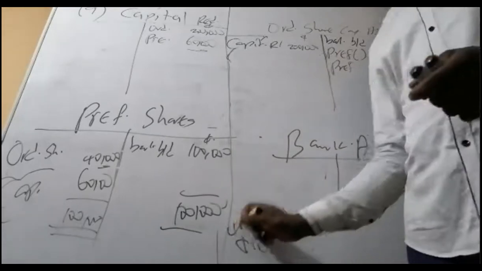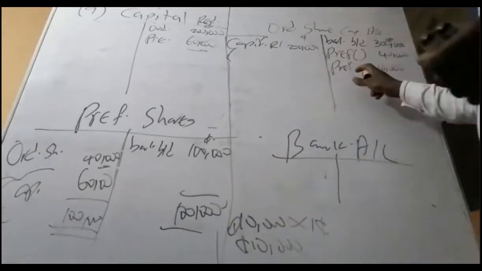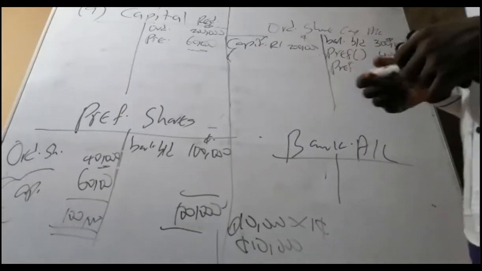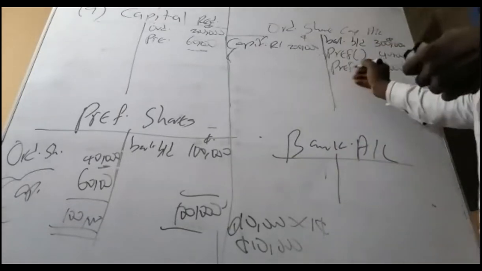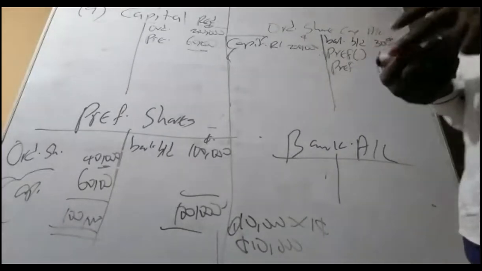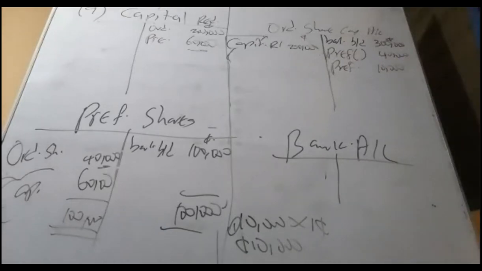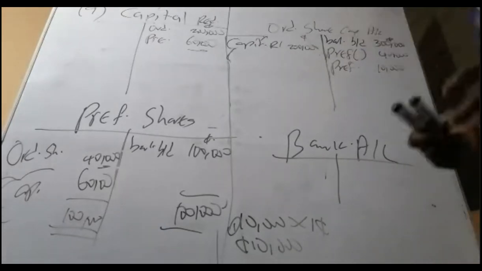This is step 1. Step 2. Step 3 is the loss to us. Should we show working? Yes, 10,000 times 1 cedi. For the purpose of our workings, let's show 10,000 times 1 cedi, for the purpose of earning marks.